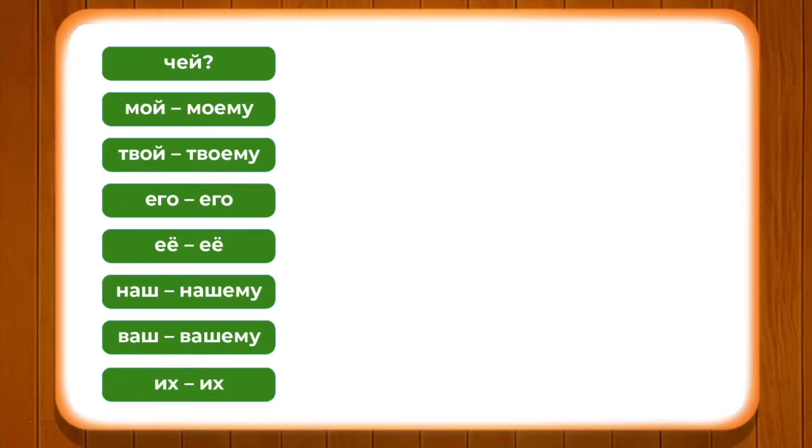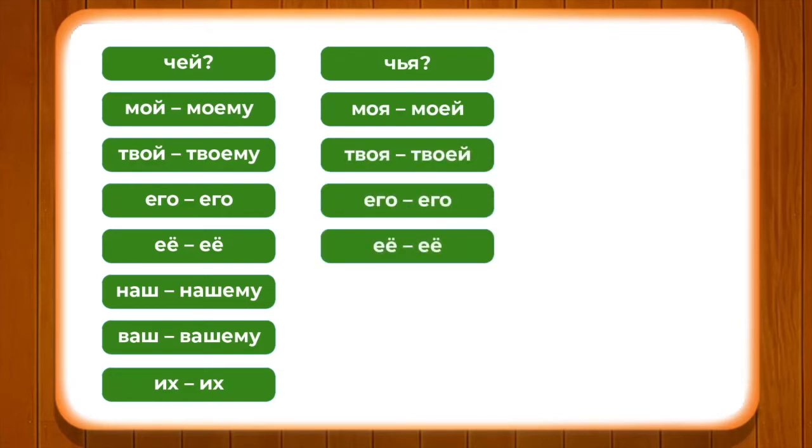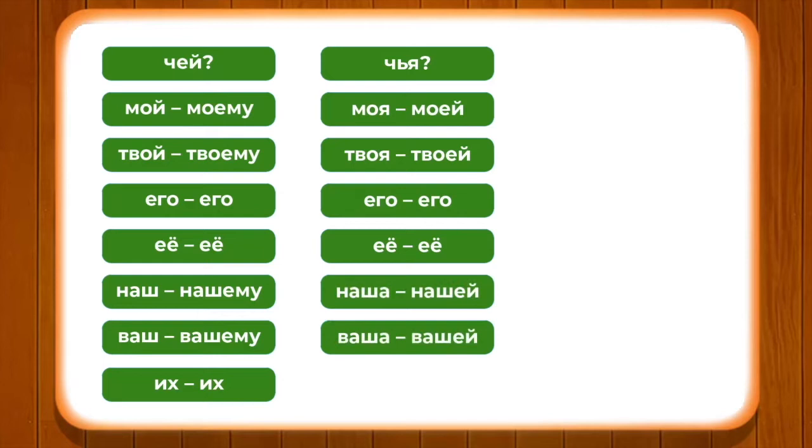In the dative, the same possessive pronouns would change into maemu, twaemu, yivo, io, nashamu, washamu and ik. So, ik remains the same, and the rest of the possessive pronouns change except ik, yivo and io.